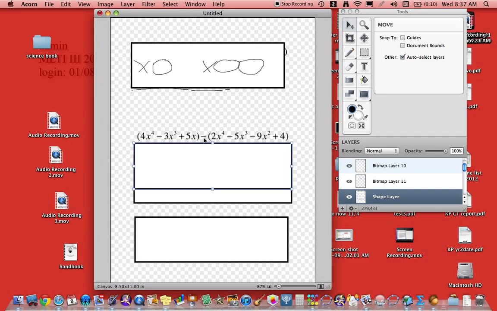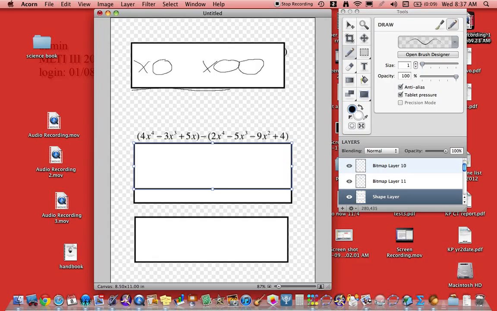The first thing I always do, and you can choose your own strategy, but I change it into an addition of the opposite so I can remove the parentheses. And what that amounts to is that in order to remove this, if I subtract 2x to the fourth, that's minus 2x to the fourth. If I subtract a negative 5x cubed, it's going to become a positive 5x cubed.